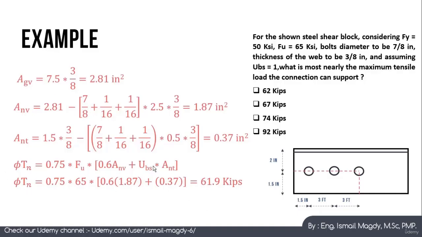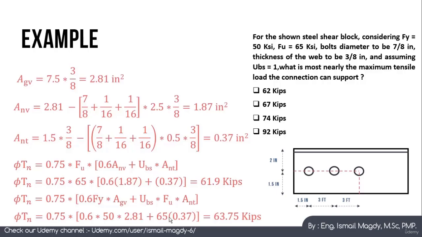Solving this equation, we will get 61.9 kips. Solving the second equation also, we get phi Tn equals 63.75. We always use the smallest value, which is 61.9. So this is our answer, which is 62 kips.